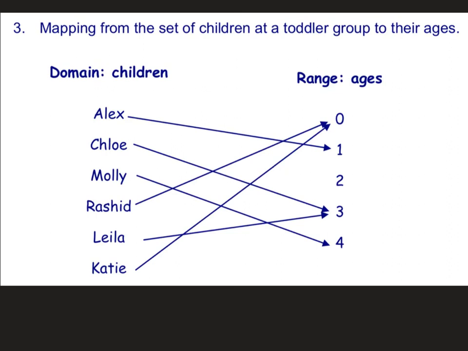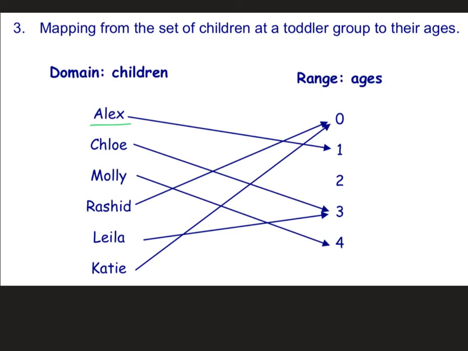Okay, so here, mapping from the set of children at a toddler group to their ages. Again, you can have more than one child go to the same age. So look, Chloe and Layla both go to 3, but you can't have one child go to more than one age.